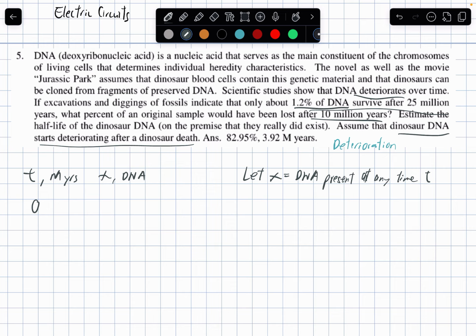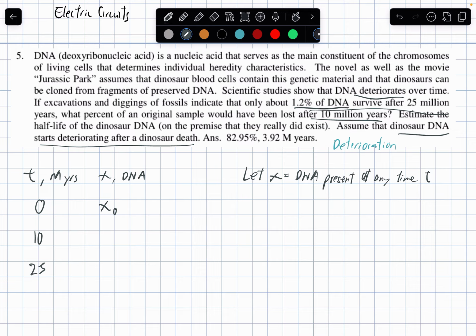So time 0 is when the dinosaur dies. The next data we have is 10 million. Next is 25. So when time is 0, our x value is usually written as x sub 0, no?